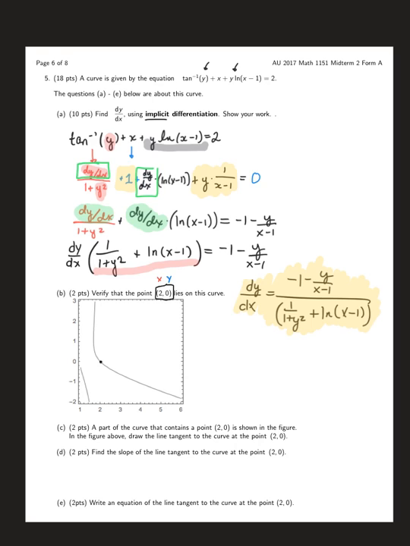So if I go back up here to my equation, I'm plugging in y equals 0 and x equals 2. Tangent inverse of 0, if you plug that into a calculator, or if you know your unit circle, that's going to give you 0. Plus 2 plus, well, 0 times anything is 0. And look at that. We get 2 equals 2. Great.